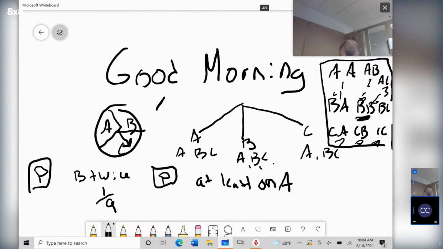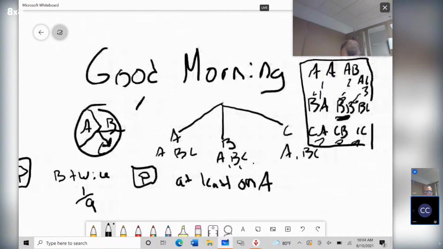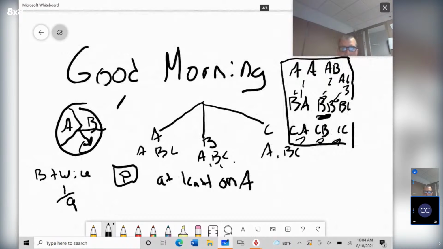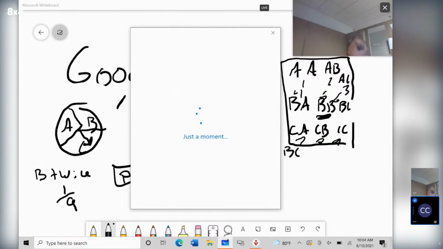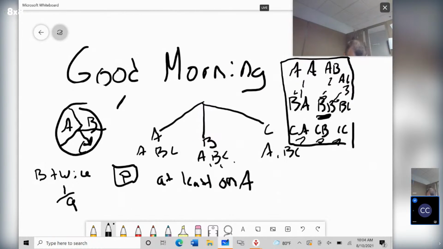What we'd have to do is go over here and find all the ones with A. So there's 1, 2, 3, 4, 5. There's 5 possible combinations with it coming out A. So this would be 5 out of 9 times.